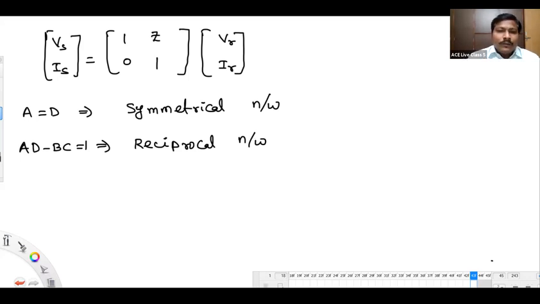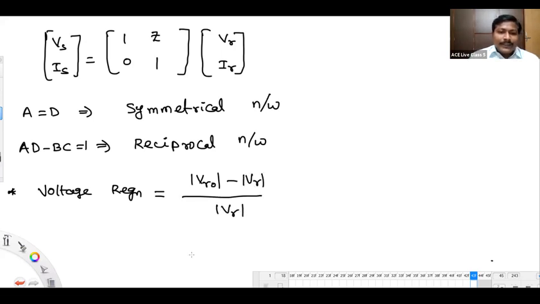Okay, next thing. What is the expression for voltage regulation? Already we have said that equation in the previous class, that is mod VR0 minus mod VR by mod VR.